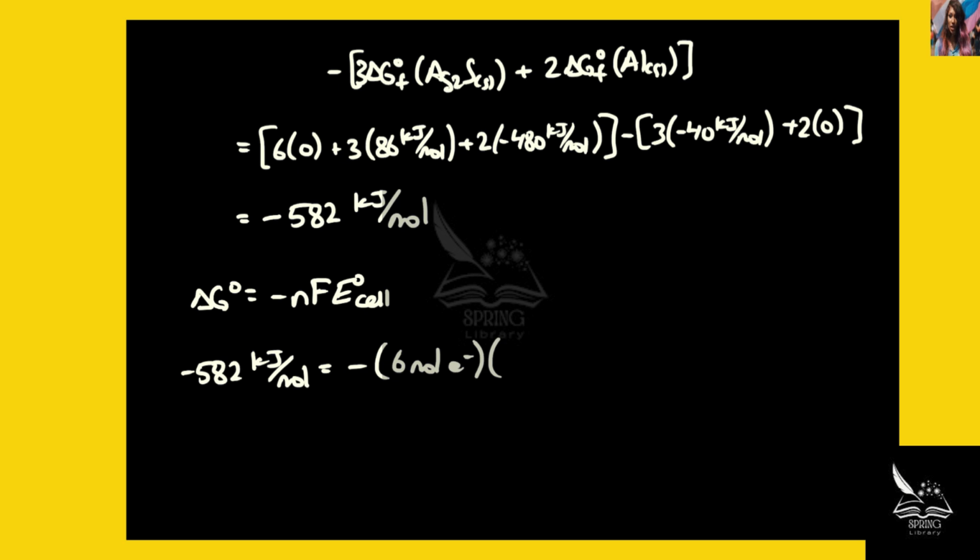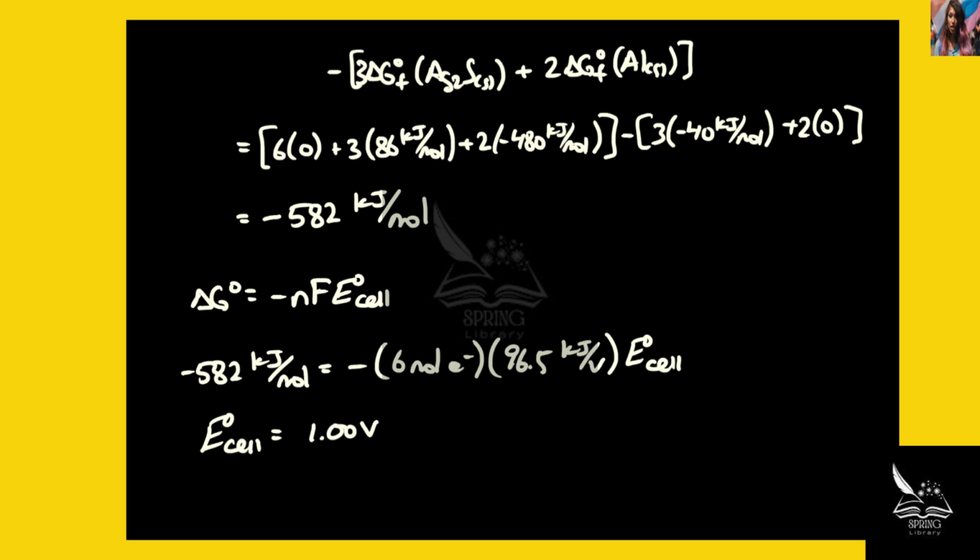F is the Faraday constant, which would be equal to 96.5 kilojoules per volt, and this would be E naught cell here. Working this out, we find that the E naught cell here works out to 1 volt.